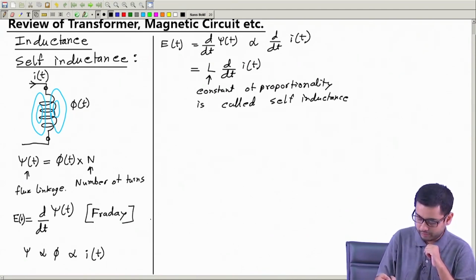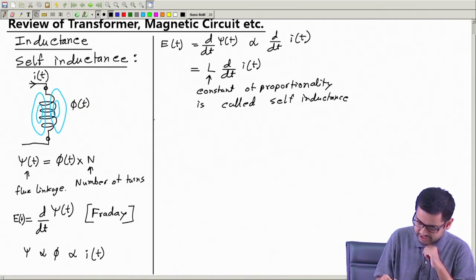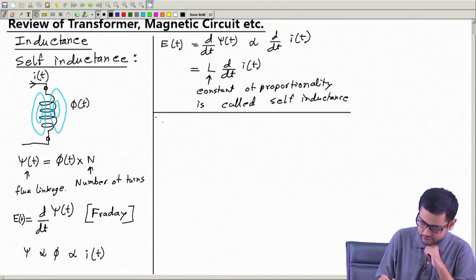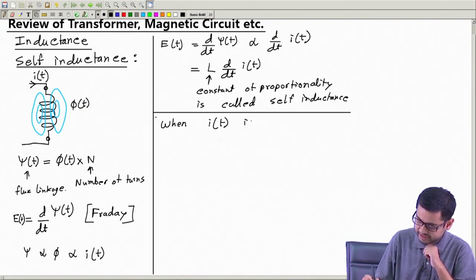So this you all know, I hope. Now, the next important concept is the scenario when i(t) is pure sinusoidal, pure AC.